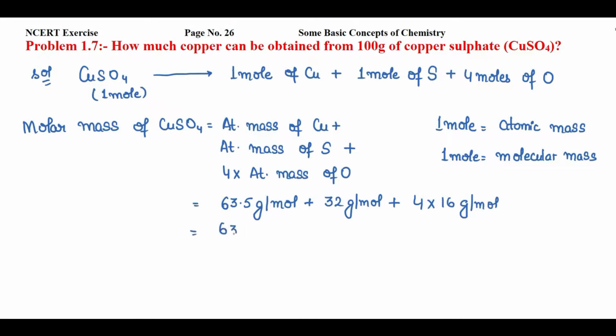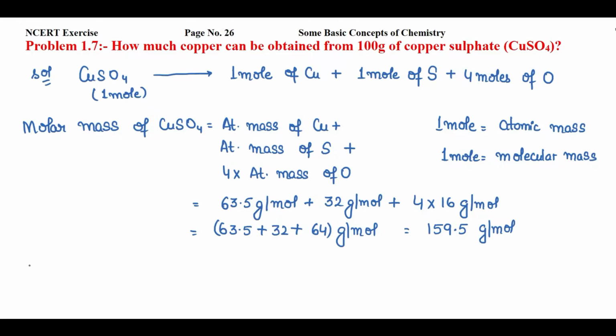So 63.5 plus 32 plus 4 into 16, that will be 64. I'll take units common, gram per mole, right? So 63.5 plus 32 plus 64, the answer will be 159.5 gram per mole.